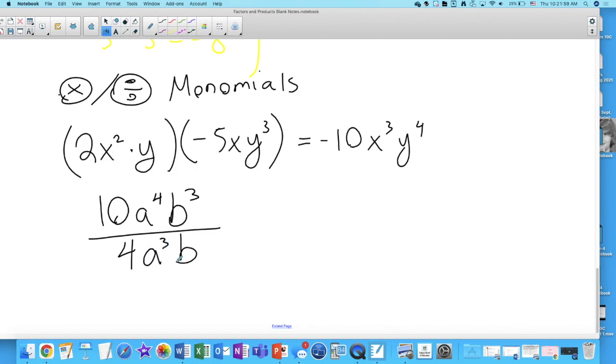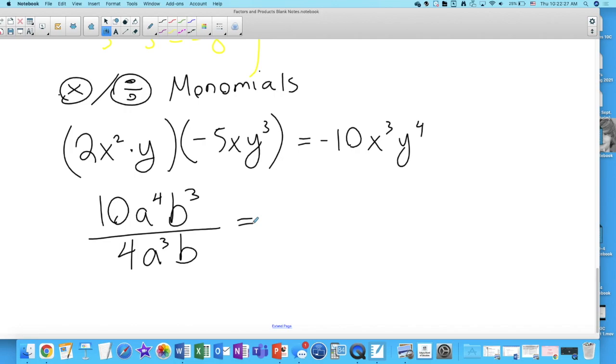Okay, so divide 10 by 4, and that is 2.5, right? Because it's 5 over 2. So because 10 over 4 terminates as a decimal, you could write it as 2.5, or you could write it as 5 over 2. Either one is fine, okay?